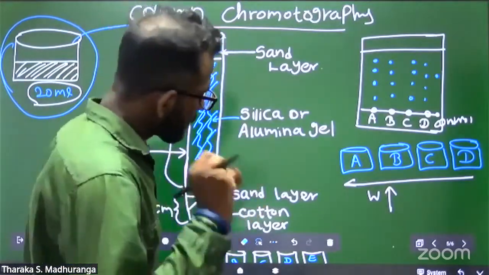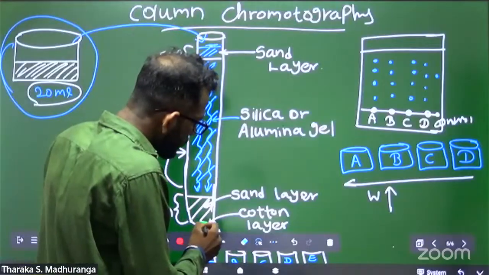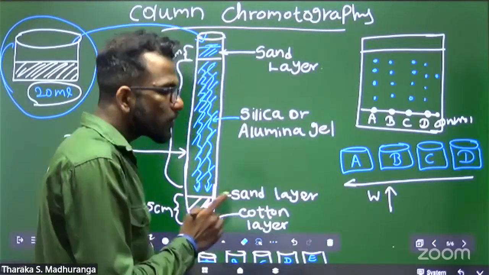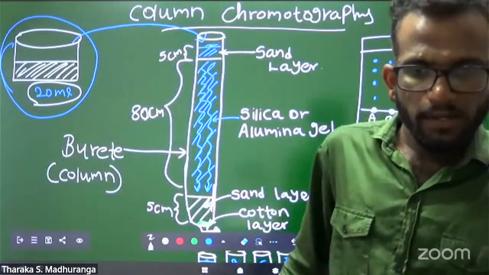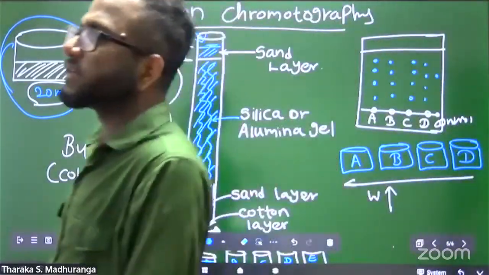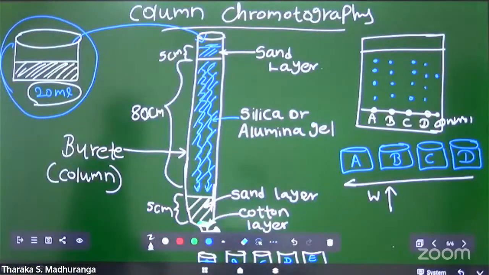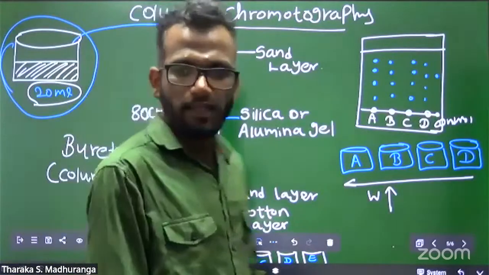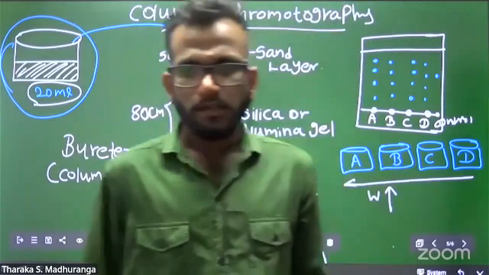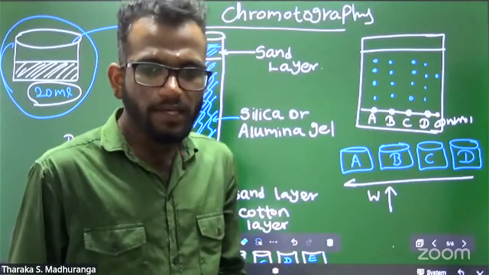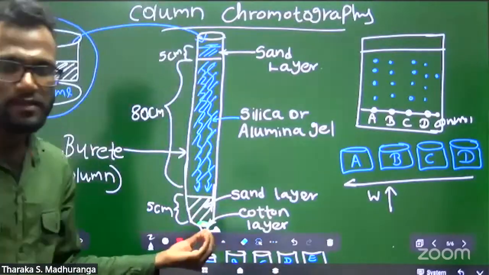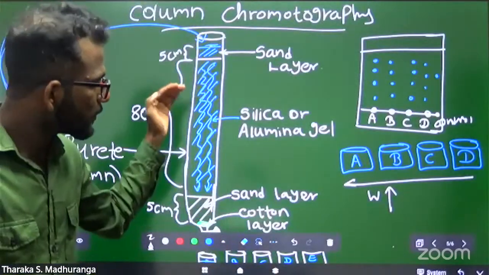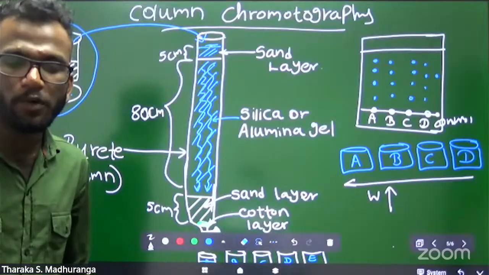Tell me why we use a cotton layer at the first layer of the column. At the very bottom layer, it is a cotton layer. What is the reason? What do you think? Those are also exam questions, very simple questions. Why do we use a cotton layer as the first, most bottom layer in this column chromatography?